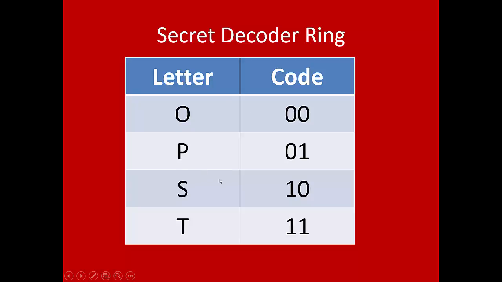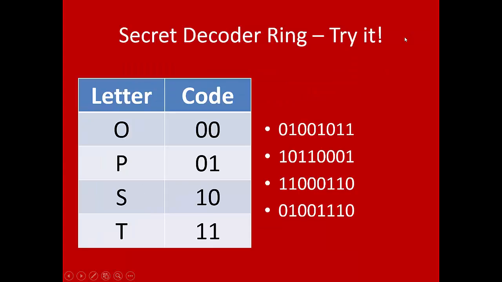With that in mind, I'd like you to take a look at this right here. Please pause this video and try to decode these different words. These are different words written using this particular coding scheme. Please pause the video and give yourself about 30 seconds to try and figure it out.